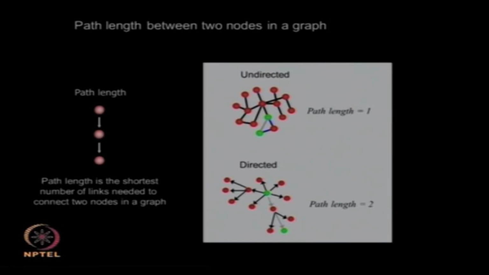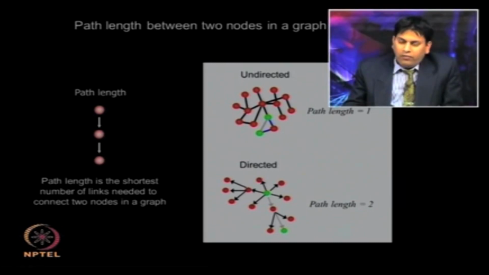Now, you can also extend this idea of undirected and directed graphs and ask what the path length of a node is. As I mentioned, the path length refers to the number of edges that one needs to travel between 2 different nodes that you are interested in. In the top network that you are seeing, the path length between the 2 green or fluorescent nodes is equal to 2 as well as equal to 1, because the path that you can take can be different from the shortest path.